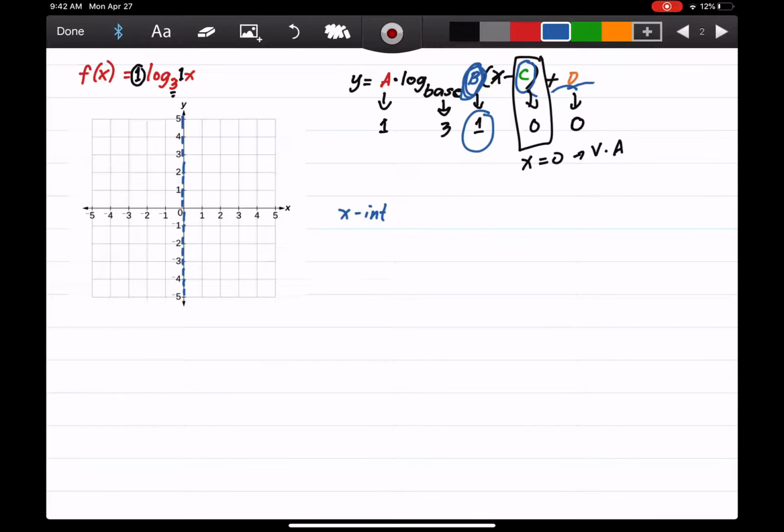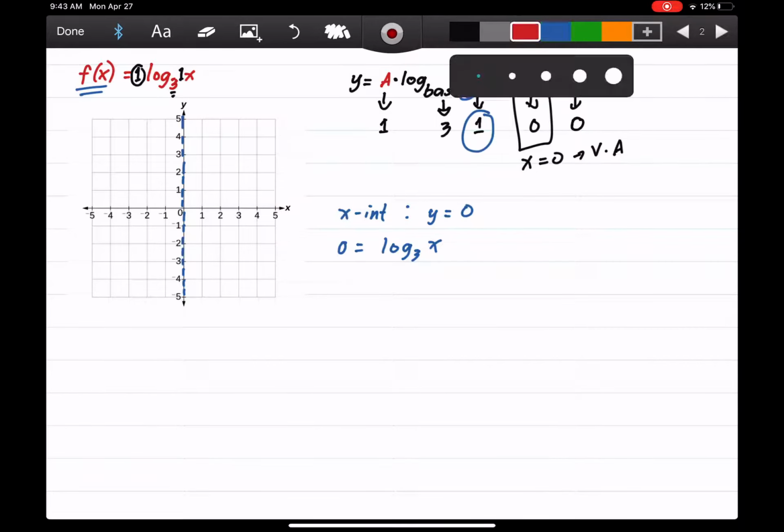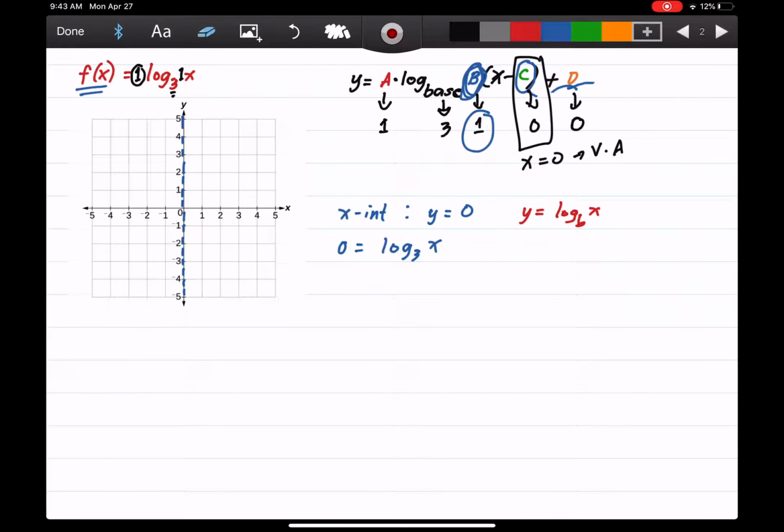And we know that we set y equal to 0, or f of x equal to 0, right? So 0 equals the logarithm of x with base 3. Let's just try to recall something before we proceed. In a logarithmic function, y equals the logarithm of x with base b, we can express this in exponential form.